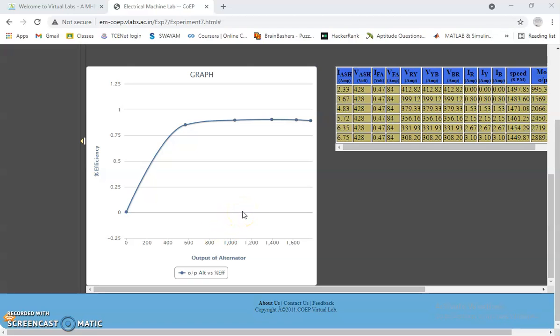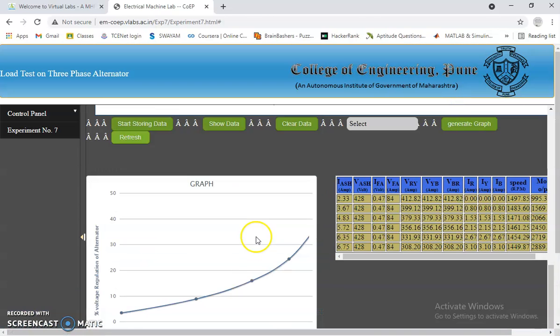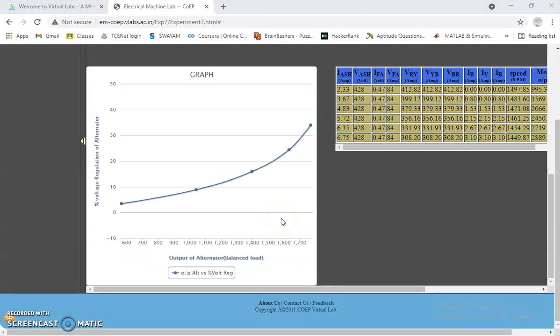Then let us generate a graph between output power versus voltage regulation. By seeing this graph, we can see that when the output power of the alternator increases, the voltage regulation also gradually increases. The load test is generally conducted to check the capability of the machine, that is how much load the machine can uphold, and to study the various parameters like voltage regulation and its efficiency.